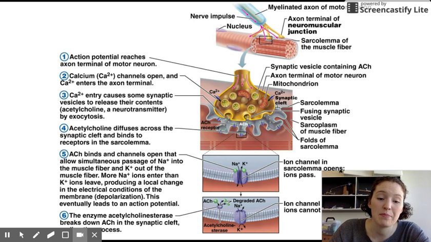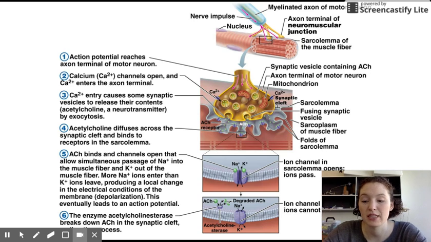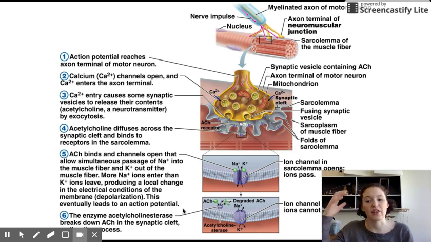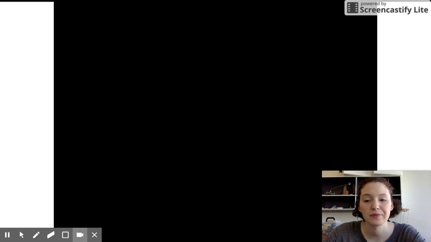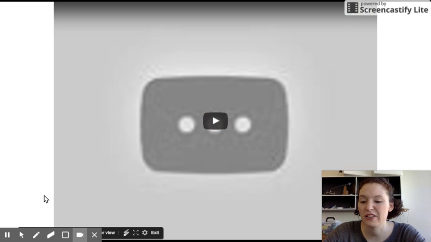So we use ATP to move sodium and potassium back to their initial positions after that initial contraction, after that initial imbalance. In our PowerPoint, there is a video of this working that I will not show here.